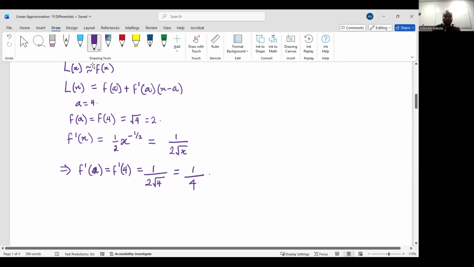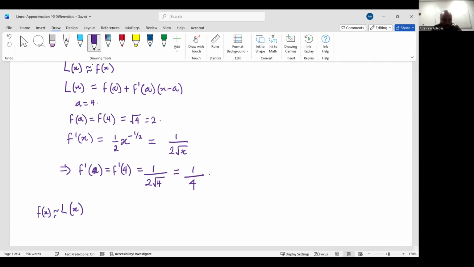So we have that. Therefore, our L of x, I can say my f of x, which is approximately equal to L of x, is equal to f of 4 plus f prime at 4 times x minus 4.